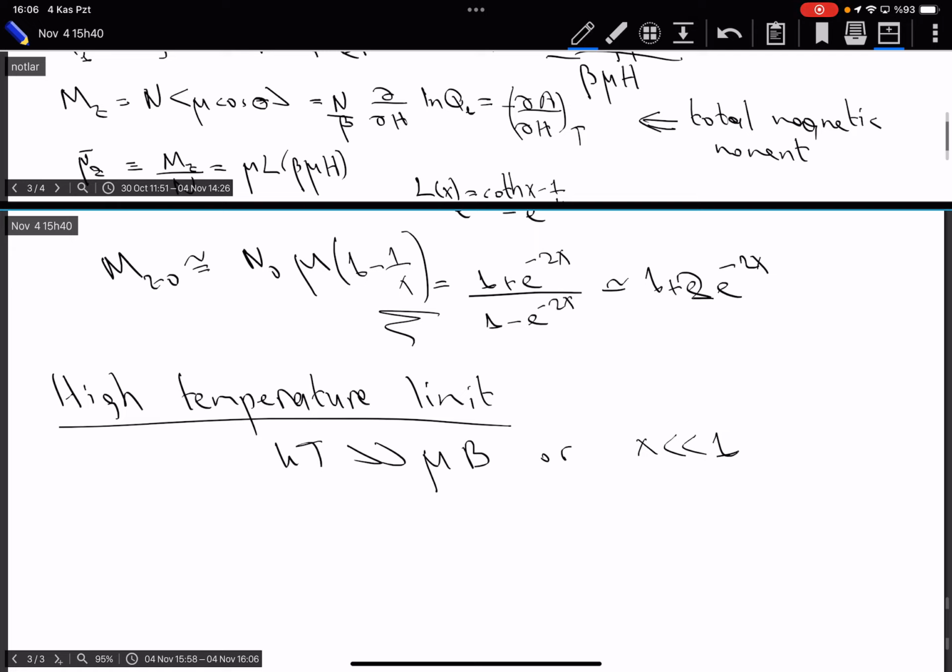So what do you expect? Again, keep in mind that there are basically two competing effects we have here. On one hand, we have the magnetic field, which tries to align all the magnetic dipoles. On the other hand, we have the thermal effects, which try to randomly distribute all the dipoles. So what do you expect will happen at high temperatures?